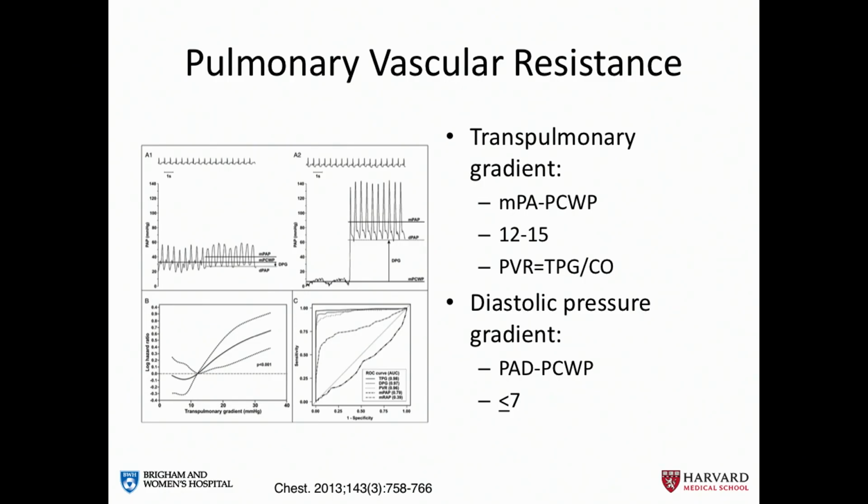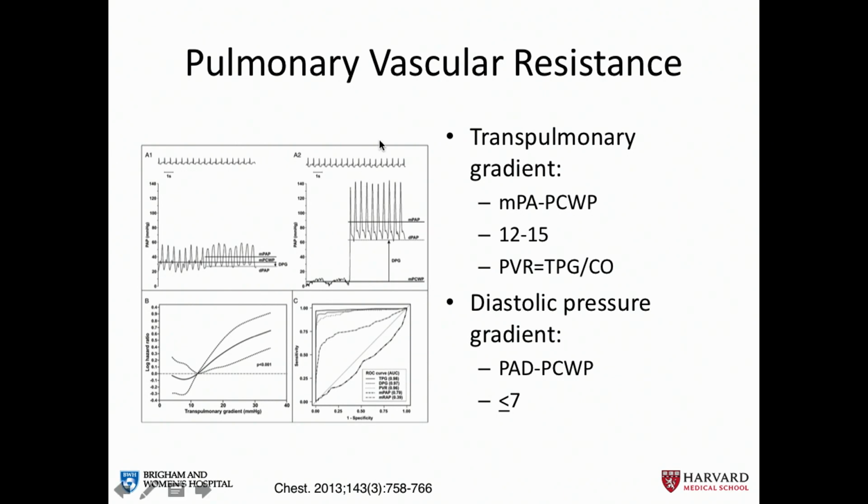Now, I show you a couple of examples here. Over here on the left, this is a measurement in the setting of severe mitral regurgitation, where we see large V waves in a patient with a flail posterior leaflet and a negative diastolic pressure gradient.